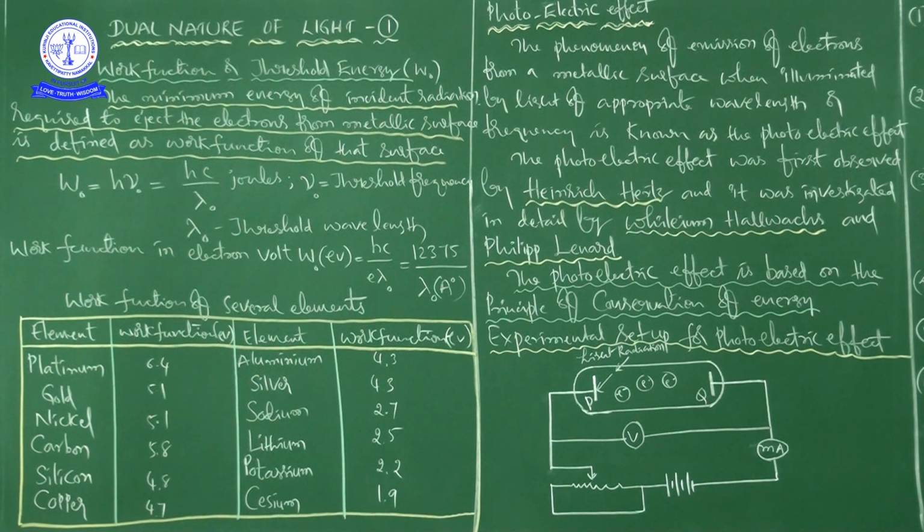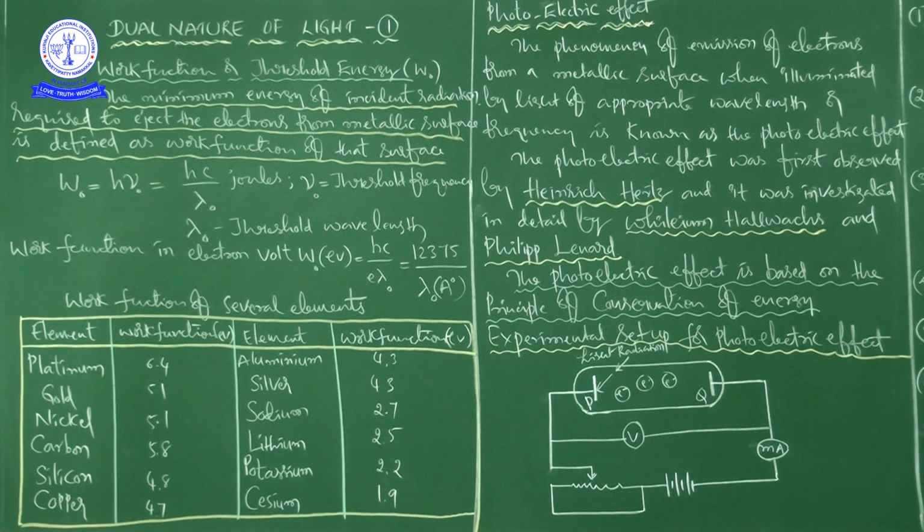But there is a requirement of a certain amount of energy, right? If the energy is less than that certain amount of energy, you cannot experience any photoelectric effect, and no electron will come out from the metallic surface. I hope you got what I am saying, right?